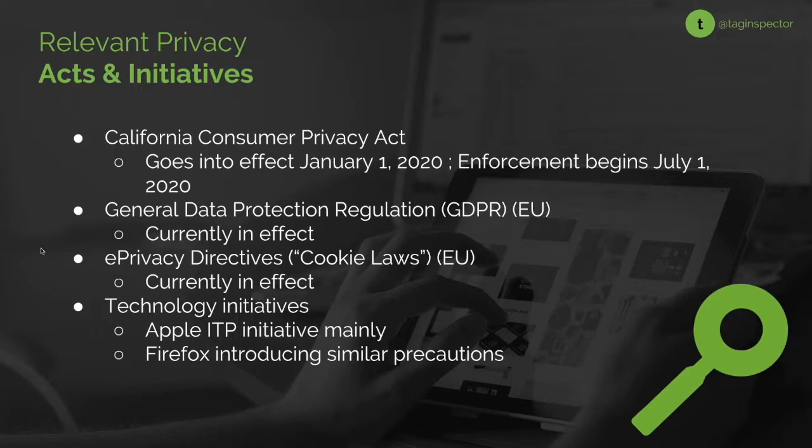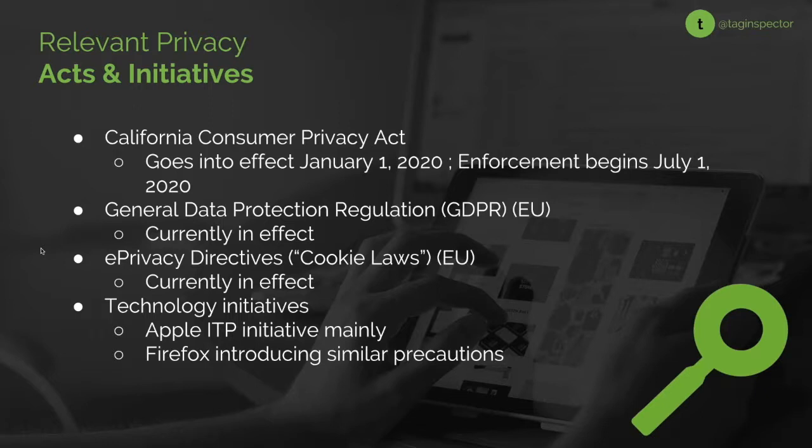So some of you may be aware, Apple has their intelligent tracking prevention initiative that has some versions that have already been rolled out within Safari browsers for both desktop as well as mobile, and some additional versions and implications are being rolled out here soon that are currently in beta, that are going to have some implications.